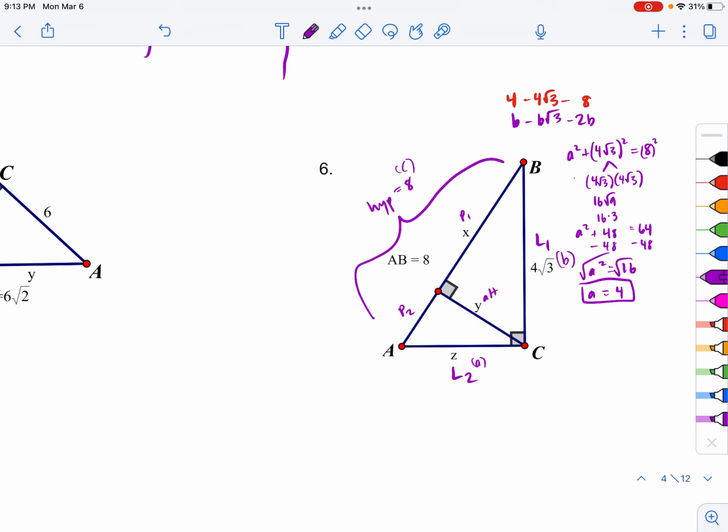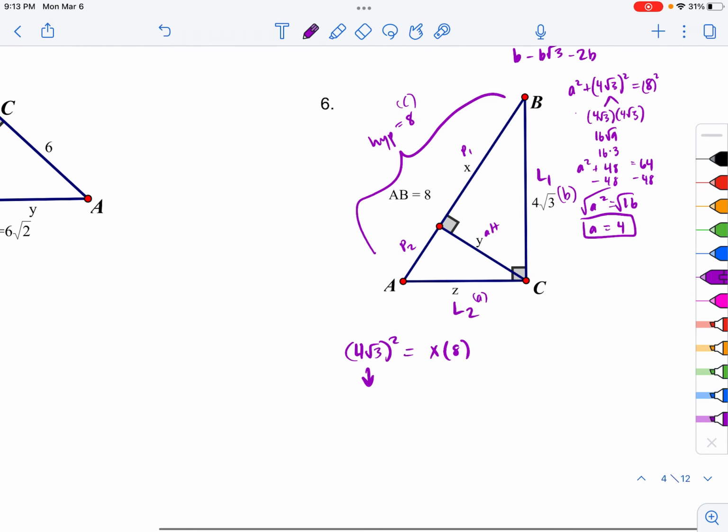Part 1 is equal to, oops, it's not part 1, sorry, leg 1, so 4 root 3 squared is equal to part 1, which is x, times the hypotenuse 8. And we've already done this math. We already know that this should be equal to 48 is equal to 8x, divide both sides by 8, and x should be equal to 6.